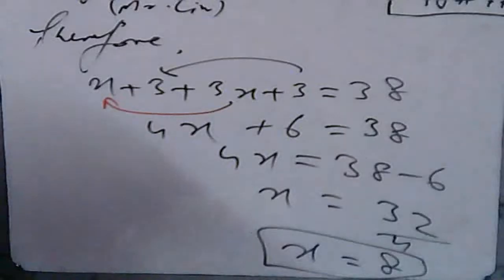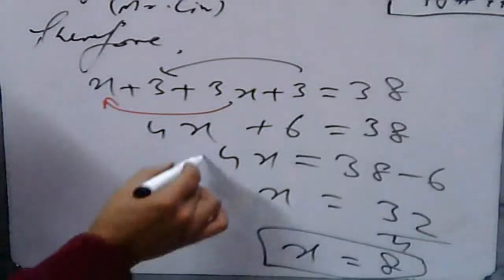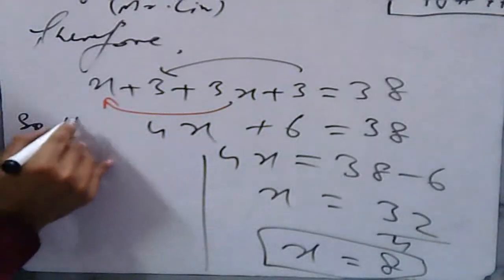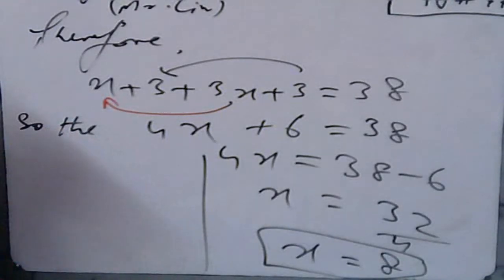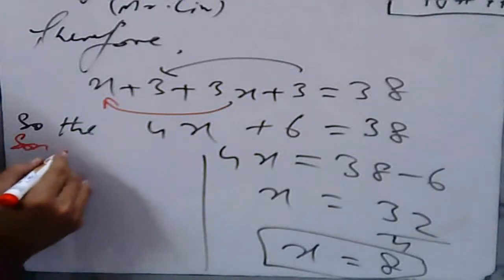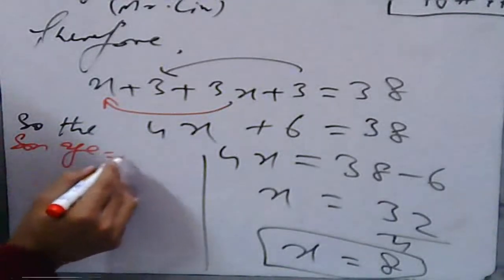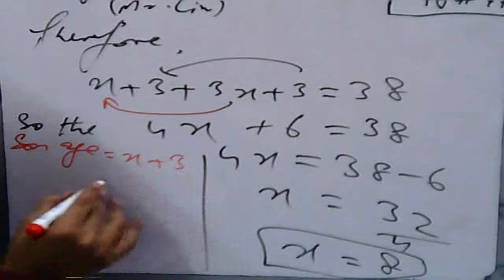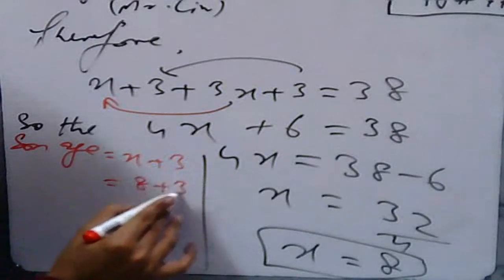So the son's age you have written above, that is the son's age is equal to x plus 3. So 8 plus 3 is equal to 11 years.